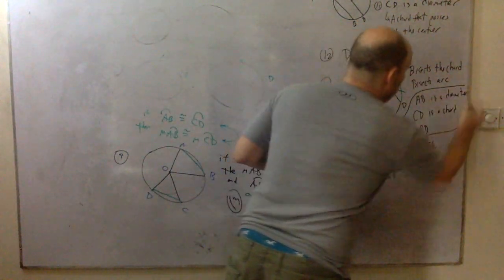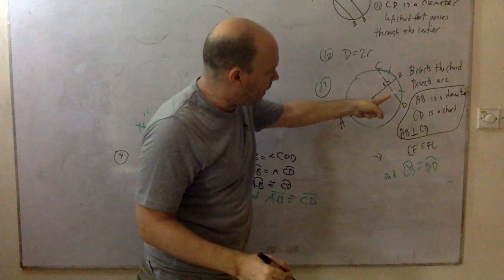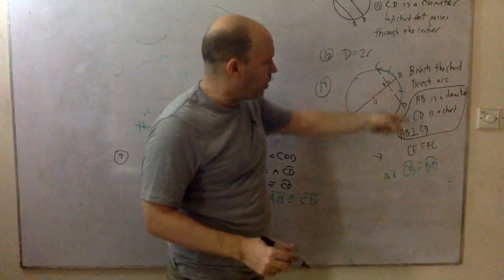Given these three things, can you prove that CE is equal to ED and that CB is equal to BD? Very easy.